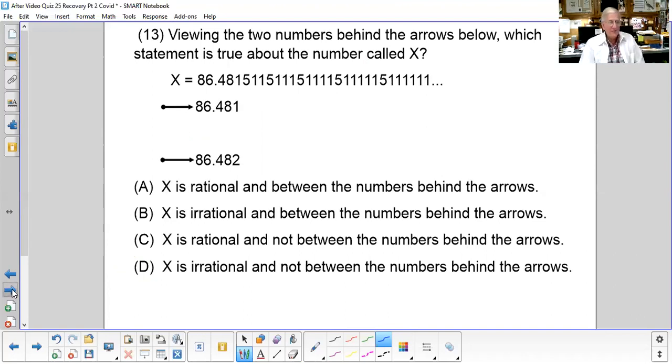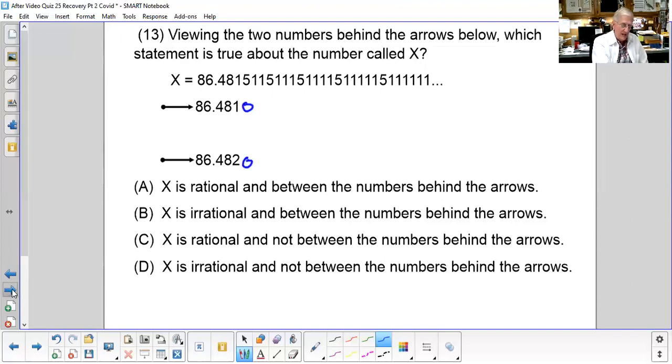Look at 13. Viewing the numbers behind the arrows, what's true about this number? Does it have a growing pattern on it again? Definitely has the 3 dots, goes to infinity, so it certainly isn't rational. It's got to be irrational. Is it between them? I believe you can see that it is, because this would be 1, 0, this would be 2, 0.